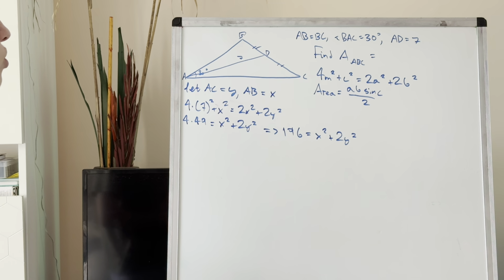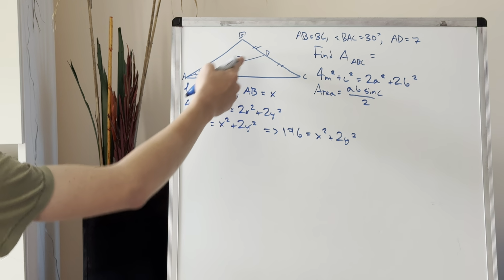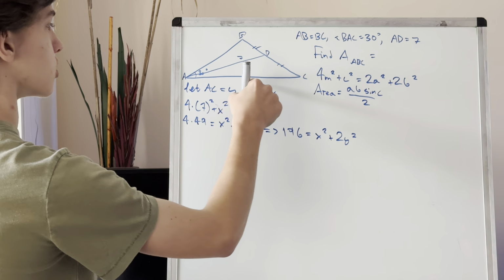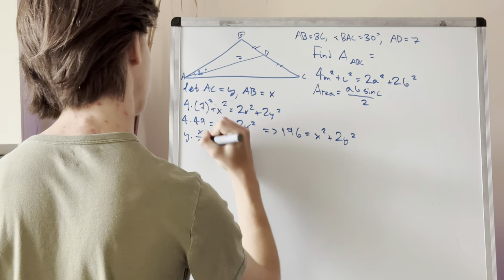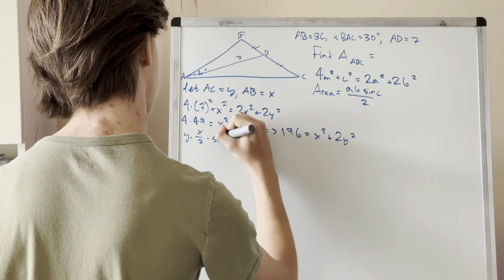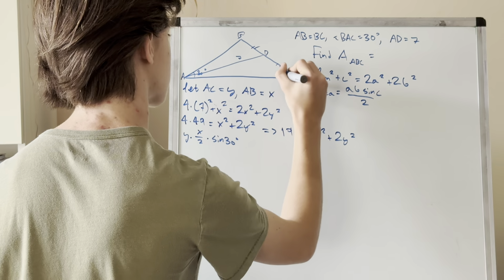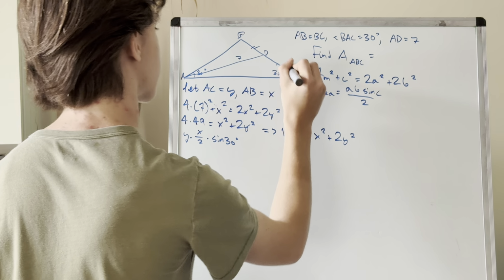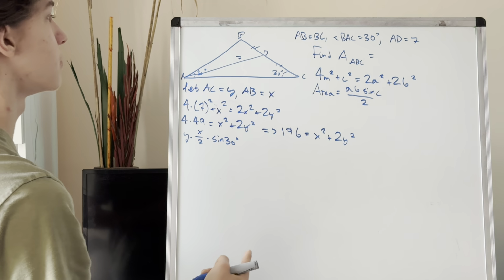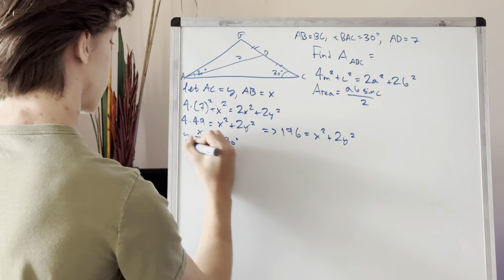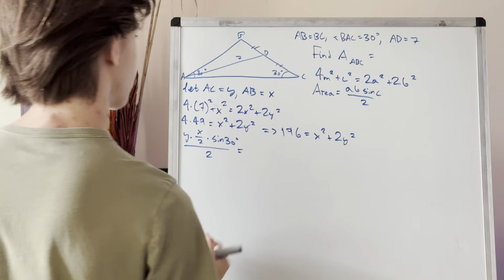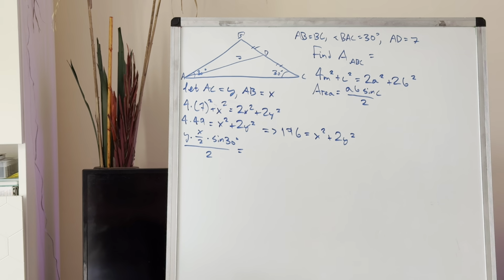So let's do just that. Let's say that the area of triangle ABC, which is going to be y times x over 2 times the sine of 30 degrees, remember, this angle is 30 degrees, and that this side DC is x over 2, because we're given this is a median, right? All of that over 2 equals the area of triangle ABD.